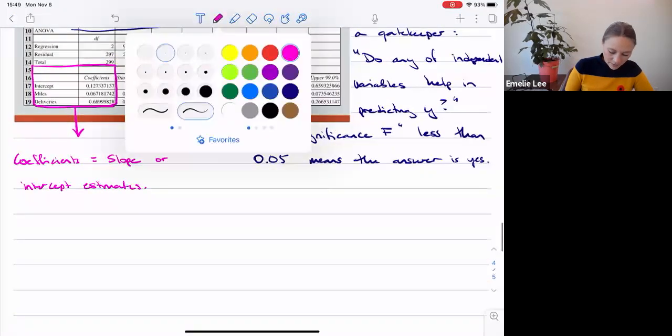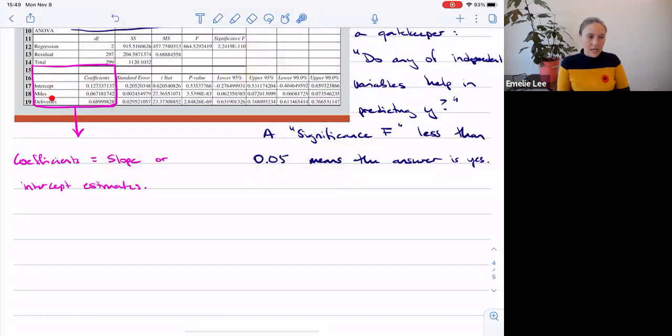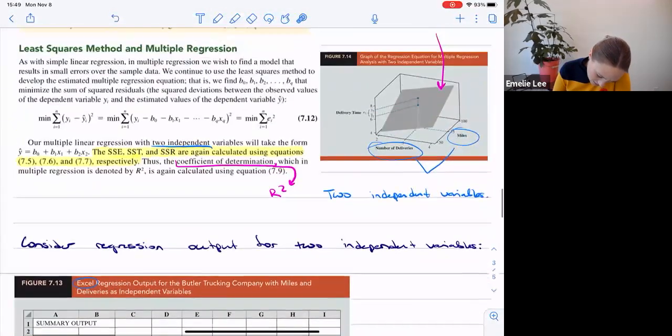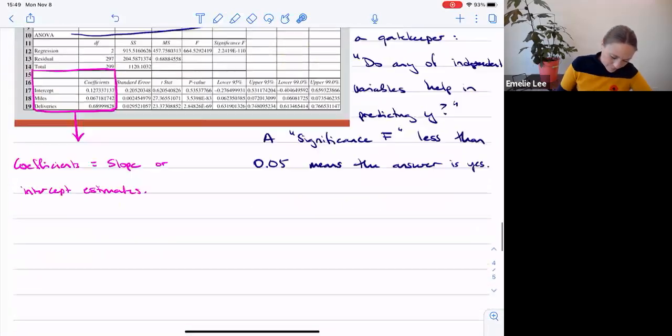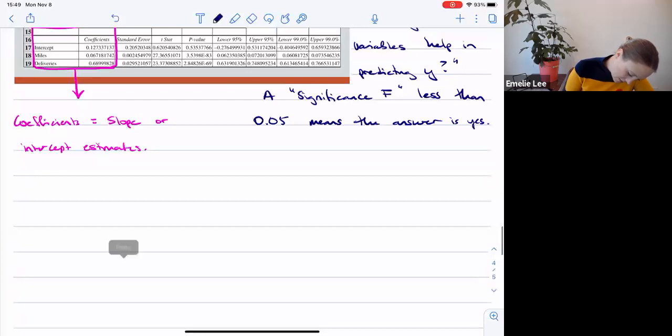So in this case, we're trying to predict the average, the mean delivery time. So Y is the delivery time.